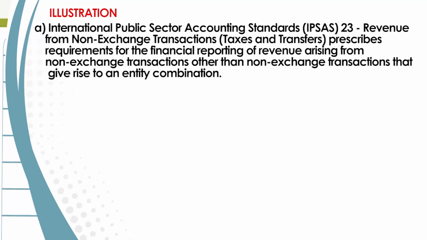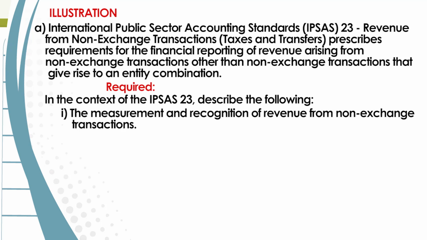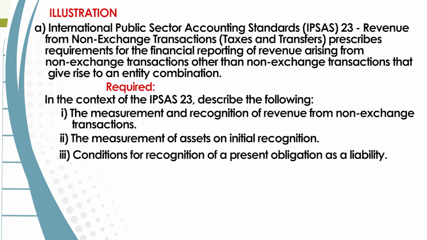It reads: International Public Sector Accounting Standard IPSAS 23, revenue from non-exchange transactions, which include taxes and transfers, prescribes the requirements of financial reporting for revenue arising from non-exchange transactions, other than non-exchange transactions that give rise to an entity's combination. Required: in the context of IPSAS 23, describe the following. Number 1, the measurement and recognition of revenue from non-exchange transaction. Number 2, measurement of asset on initial recognition. And 3, condition for recognition of a present obligation as a liability.